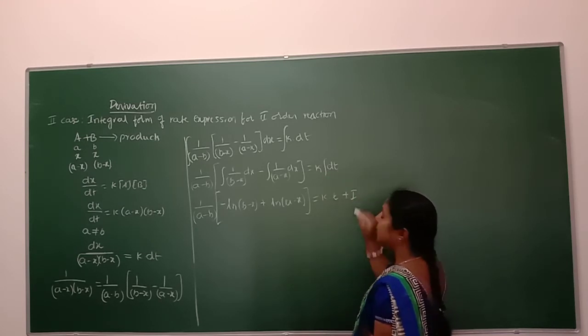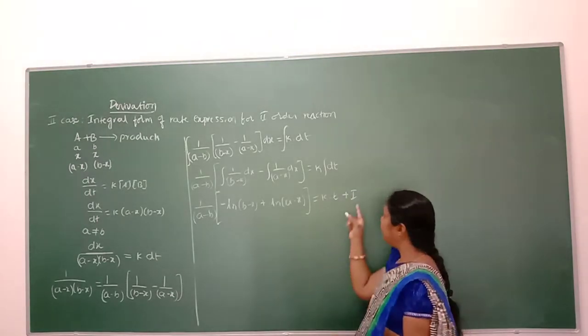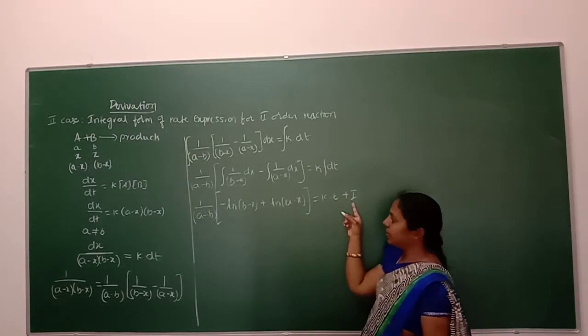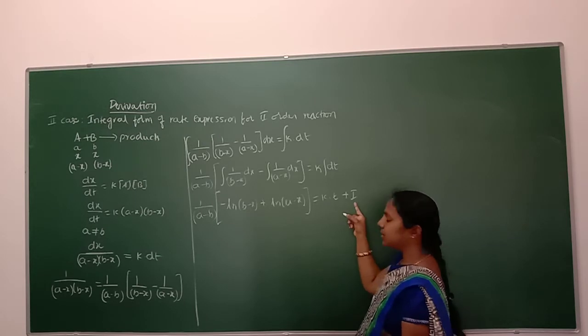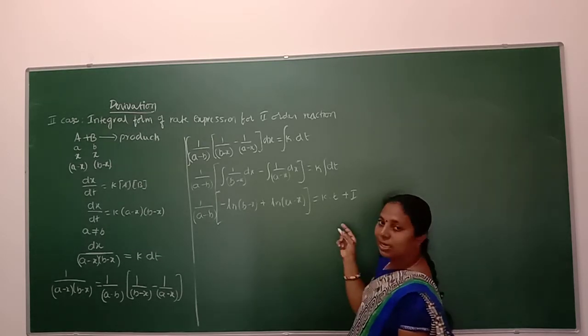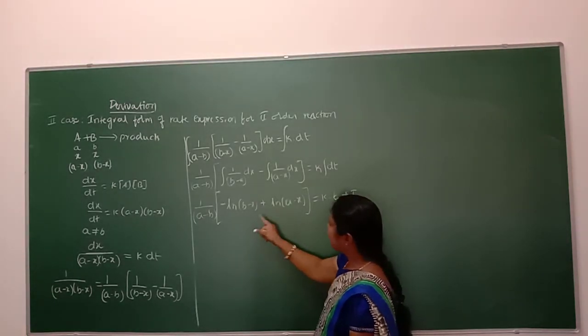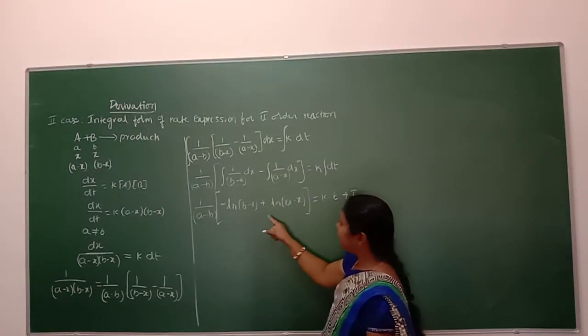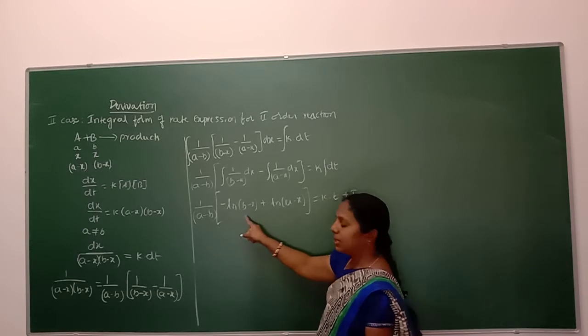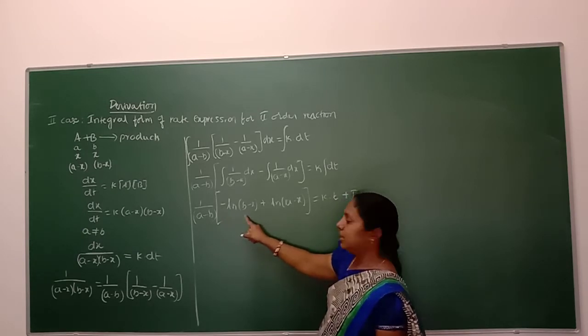Since we are doing the integration, we have to introduce an integration constant, called I. The value of this integration constant I is to be determined by applying the initial condition. First we will combine these two terms. This is of the form log a minus log b, which we can represent as log a by b.